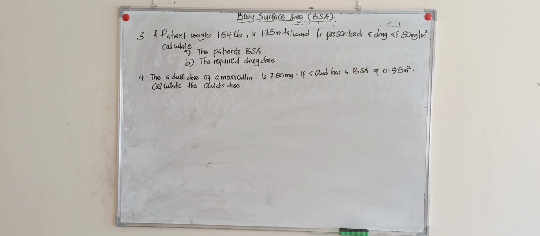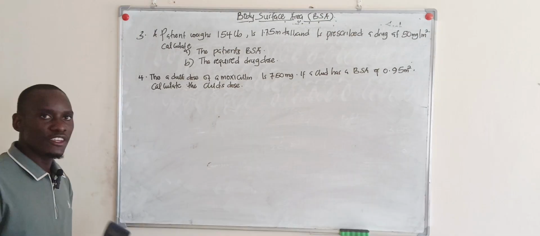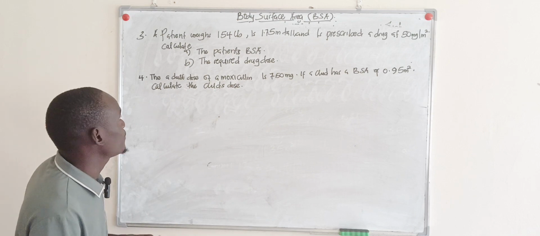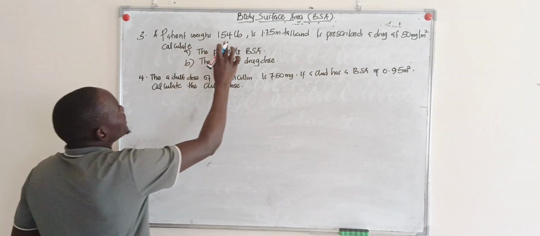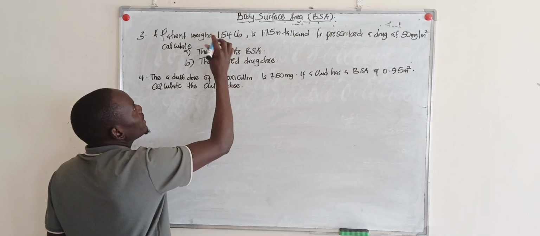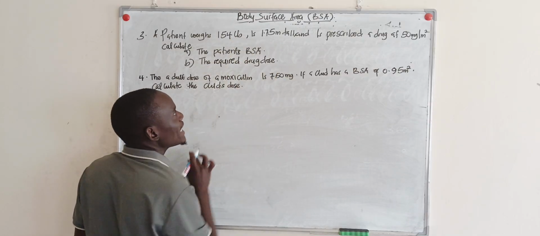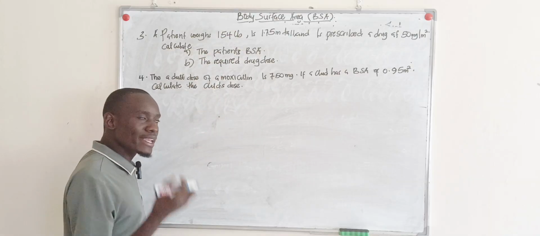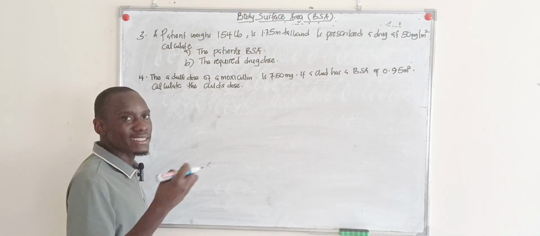Example 3. You can feel free to pause this video and calculate it out and see if you can get the same answer with me. The patient's weight has been given and also the height has been given. But remember, weight should be in kilograms and height should be in centimeters.